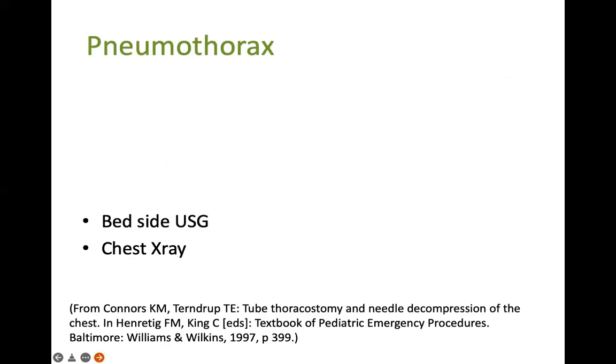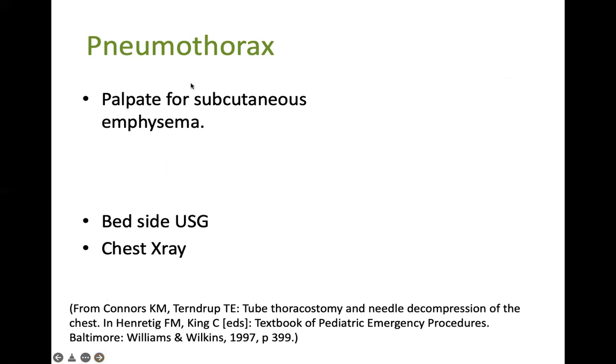Now, when it comes to pneumothorax, you need to know that the first thing you should do is, as you're bagging, palpate the chest. If you are able to feel crepitus somewhere, often in the neck or the anterior chest, that means 99% the hypoxia is due to a pneumothorax.